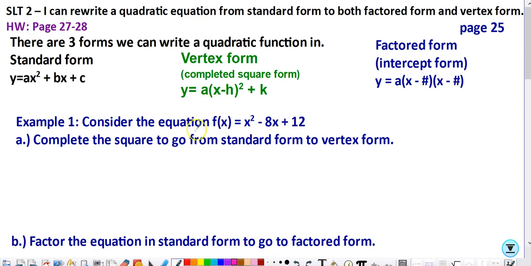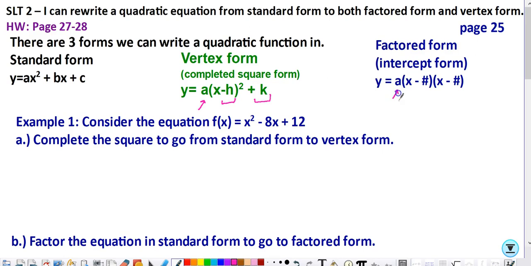Vertex form, or some people call it transformation form, where I have my leading coefficient, the x-coordinate of the vertex, the y-coordinate of the vertex. Because in transformations, this would be right or left h, up or down k. And then factored form is when we use the x-intercepts, where we're given those x-intercepts.